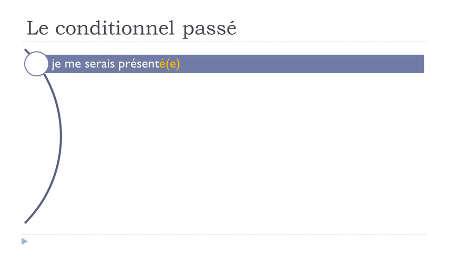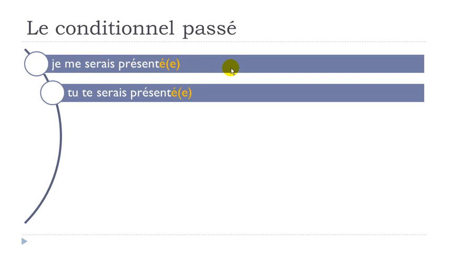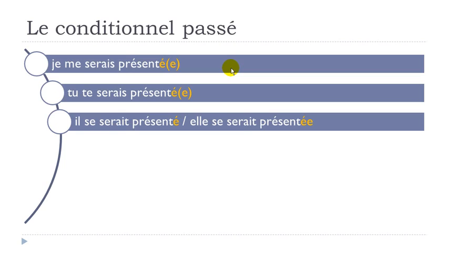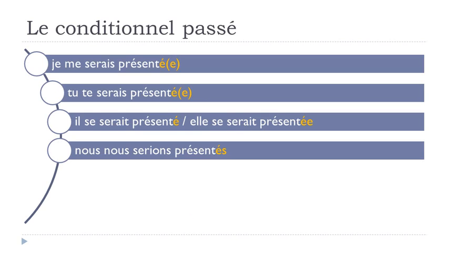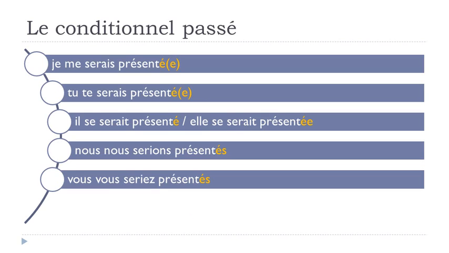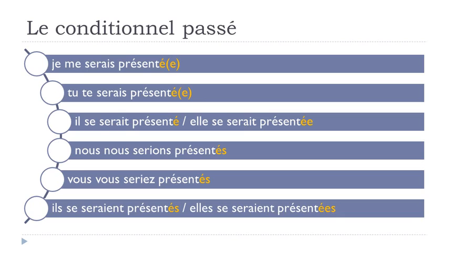And then one example with these reflexive verbs that we saw, and then, well, I just wanted to use this se présenter. Okay, so je me serais présenté. Tu te serais présenté, il se serait présenté, elle se serait présentée, nous nous serions présentés, vous vous seriez présenté, ils se seraient présentés, elles se seraient présentées.